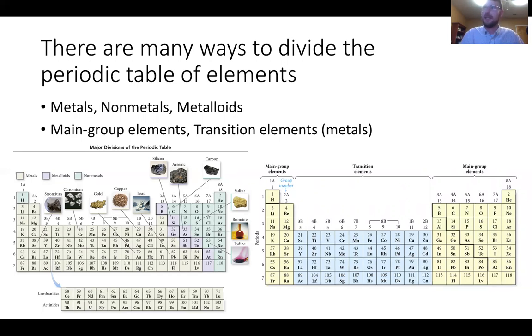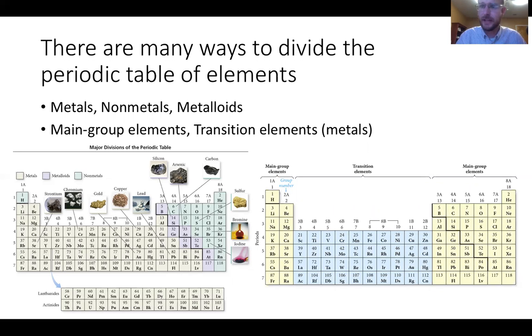Everything between those peaks is known as a transition element, and transition elements are usually metals. Some of them are radioactive, some of them aren't, but at least they're transition. We are going to be a little bit in those transitions. We're going to talk about the most common transition metals in this class.